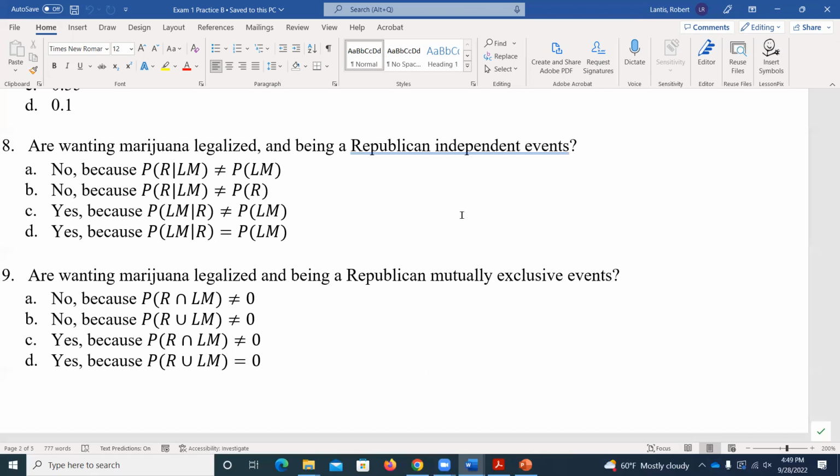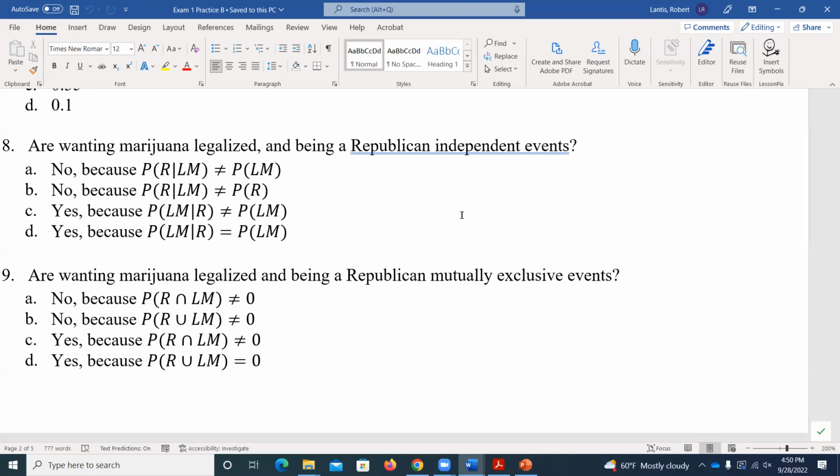That's not going to tell us anything about independence. If we compare the conditional probability of being a Republican to the unconditional, and they aren't the same, then that would tell us that they're not independent events. So if we say no, they're not independent, that's because this equality didn't hold. These two probabilities were not equal to each other.